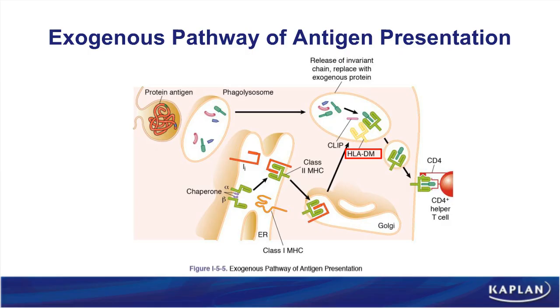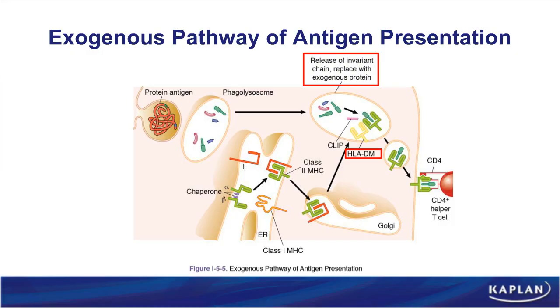Now, what we're going to see within this vesicle is an exchange. We're going to see an exchange of the invariant chain for these exogenous proteins, and this is important if the exogenous protein actually has a higher affinity for that class 2 molecule than the invariant chain.